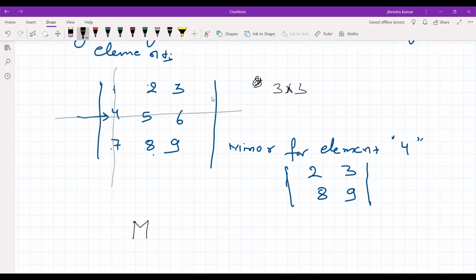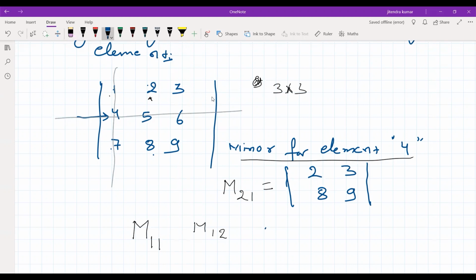Minors are basically represented as M11. It means we are talking about the minor of element 1, 1, that is 1 here. Similarly, M12 means we are talking about 2 here. Similarly, the minor for element 4 will be written as M21. So M21 is equal to 2, 3, 8, 9.